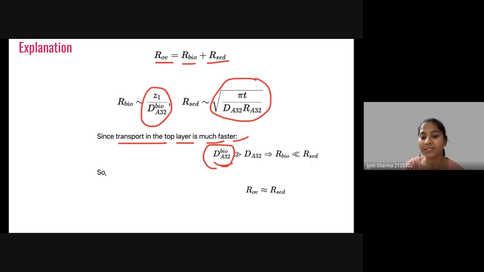Since resistance is inversely proportional, the resistance due to the sediment layer below the bioturbated layer will determine the overall resistance. There will be more resistance there, and the overall resistance will be controlled by this more resistant diffusion layer, right?